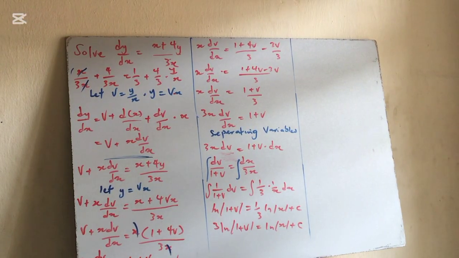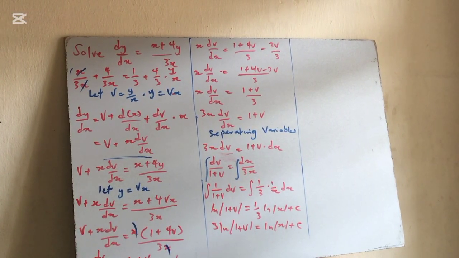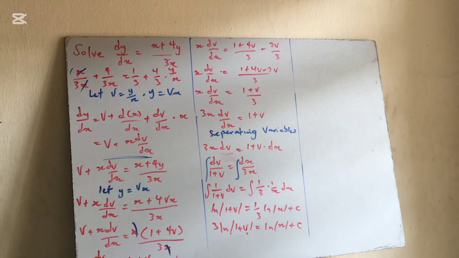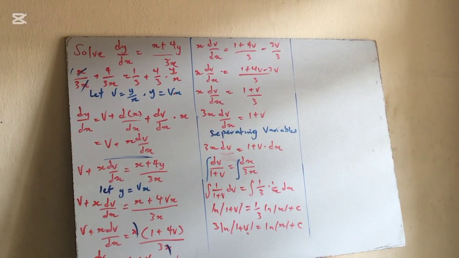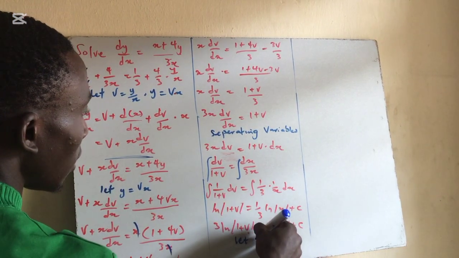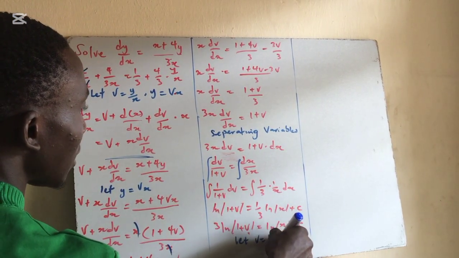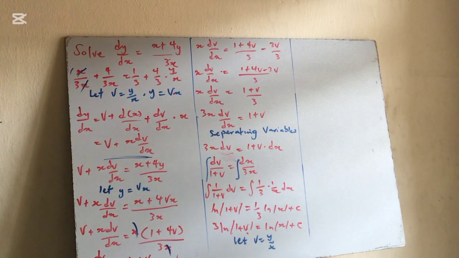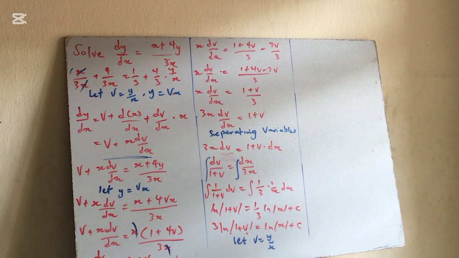Yes. Now we are inserting v equals y over x here, because it's going to lead us to a logarithmic function. So you say let v equal y over x. This is not new. I think we have done it before. So now we just insert that here.